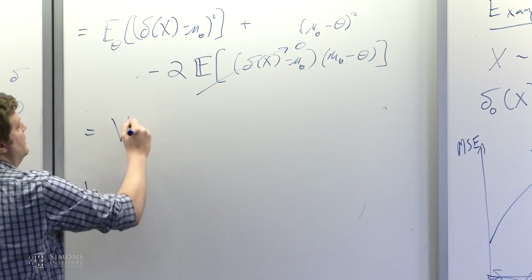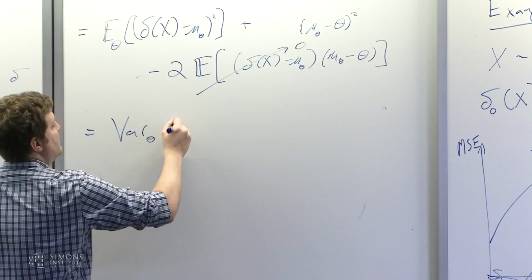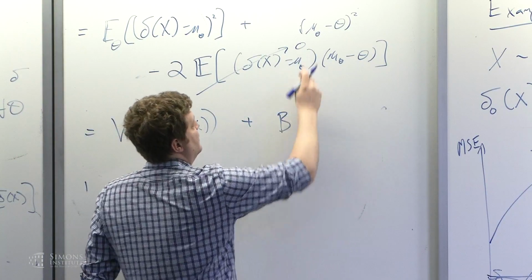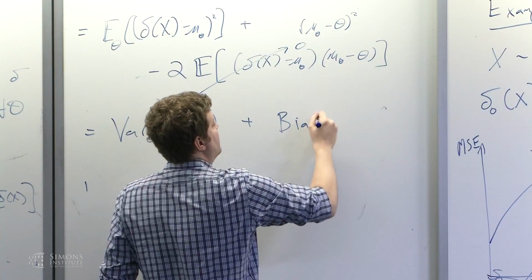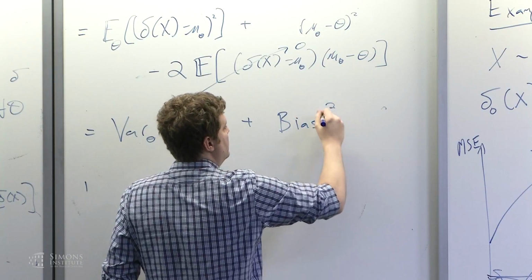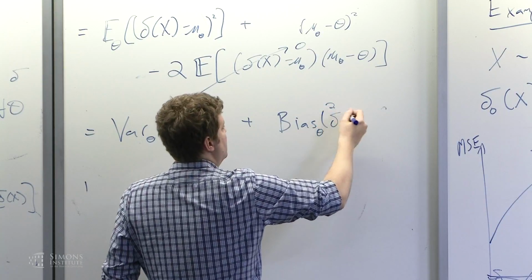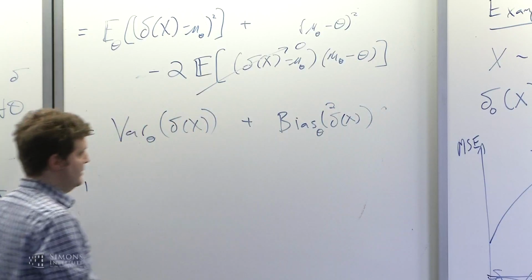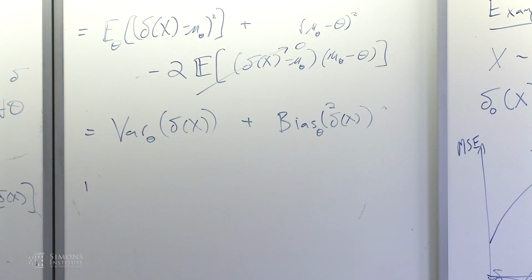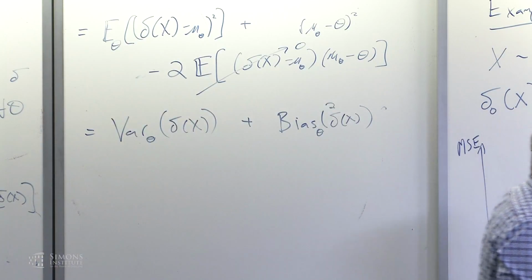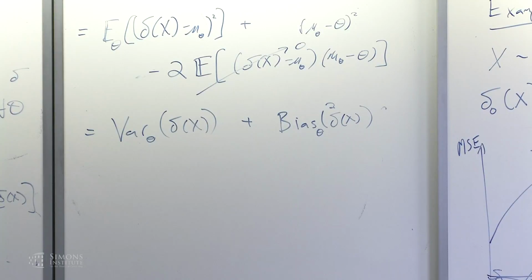And so what we get is the variance of delta of x plus the bias squared, the bias of delta of x, squared. And so this is completely precise if we're taking the mean squared error to be our risk function.